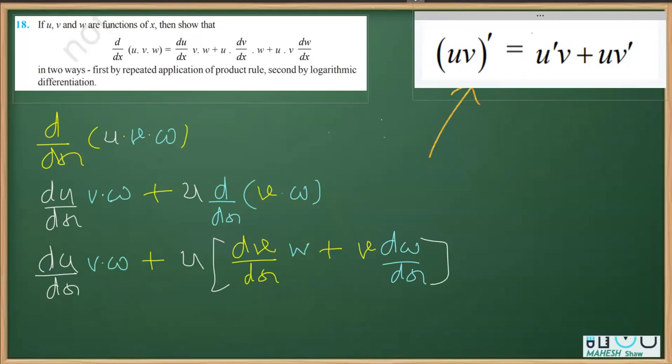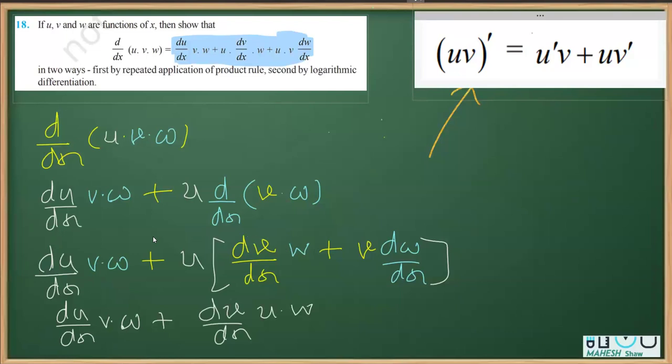Now, if I open this bracket and rearrange them, we will get this. So our final step is going to be du by dx times v·w plus, if I use the distributive property, dv by dx times u·w, plus, again using the distributive property, u·v times dw by dx.